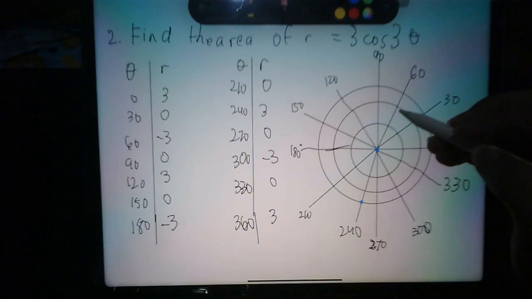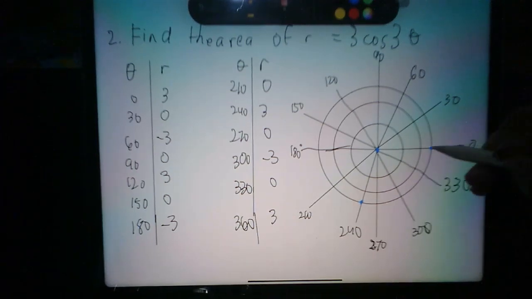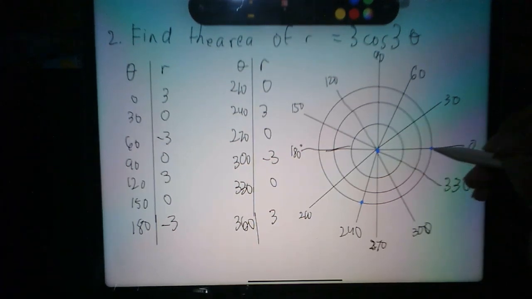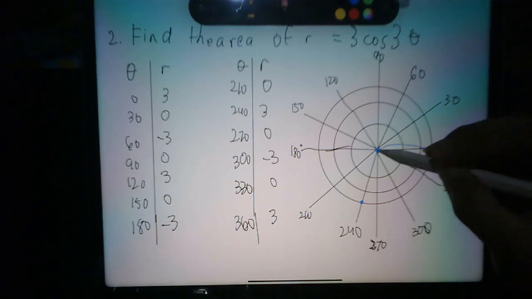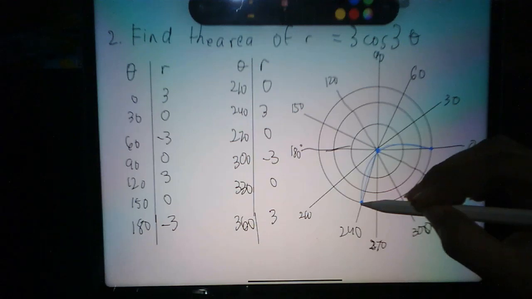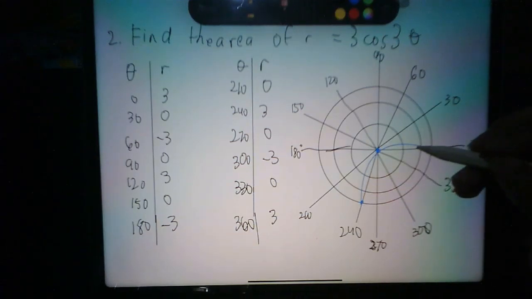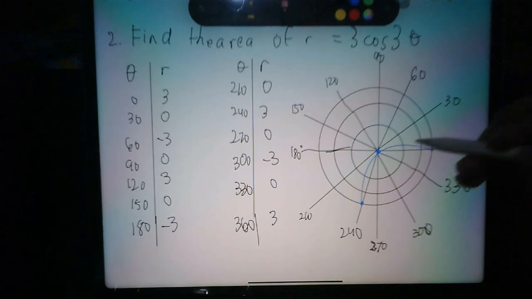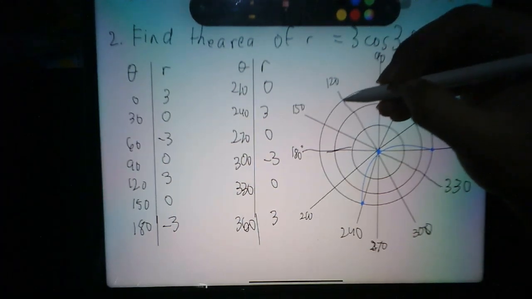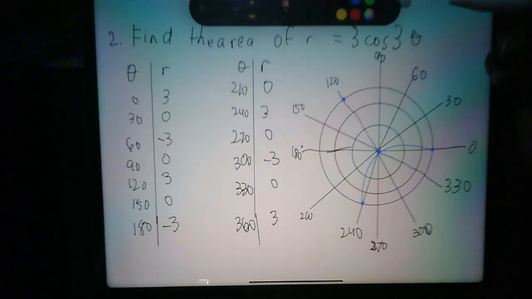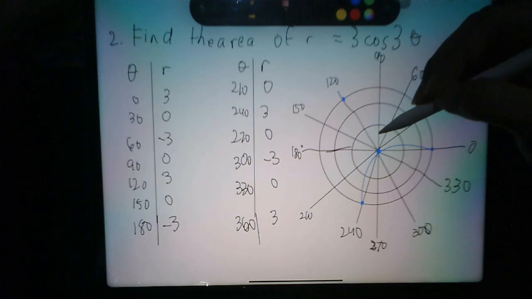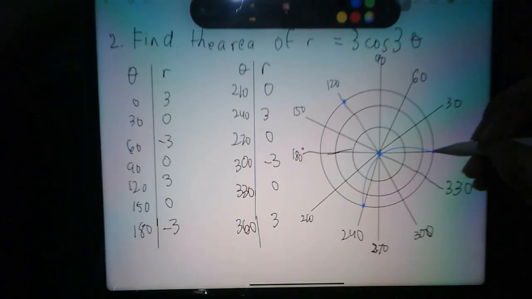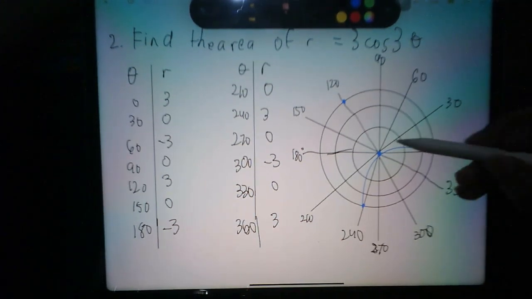This line is positive and the opposite of that is negative, so we put it here. 60, negative 3. 90 is just 0 here. 120 is 3, so we put it here. 150 equals 0. 180 is negative 3, so we put it negative 3 here. First we need to connect the dots.